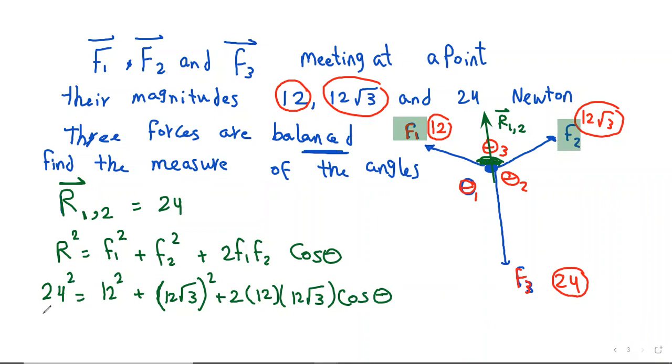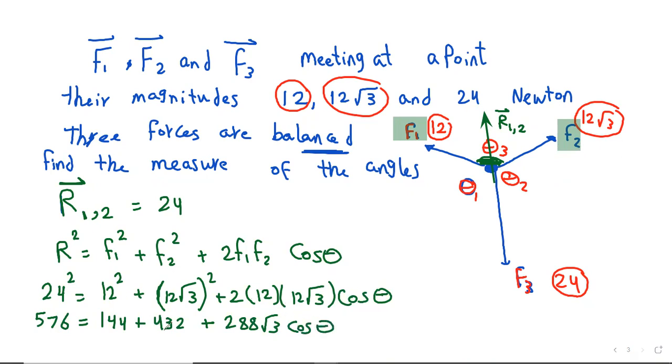So 24 squared is 576, equals 144 plus 432. You can use your calculator to find the answer quickly. And here we have 288 root 3 cosine theta.